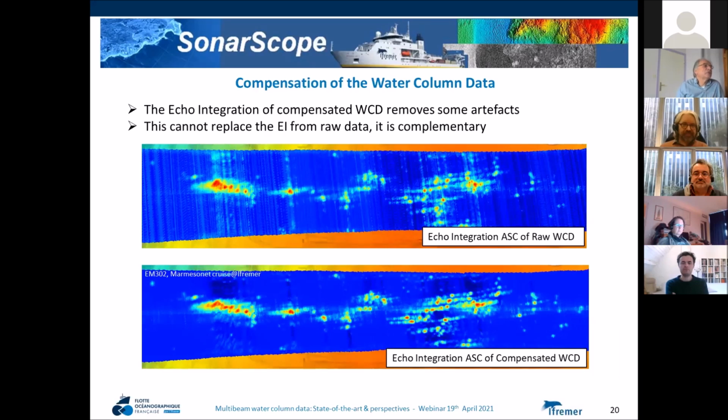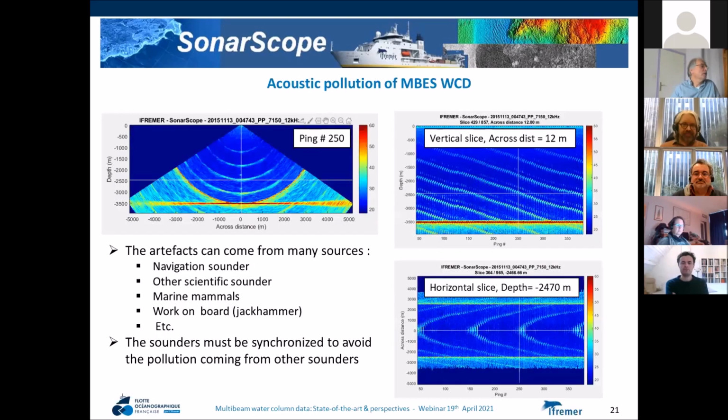This slide demonstrates the benefit of the compensation technique. The lateral ghost footprints disappear with these lines on the eco-integration of the compensated ecograms. The water column data can be spoiled by acoustic signals produced by other systems such as navigation sounders. We have here an example where such a sounder was used.